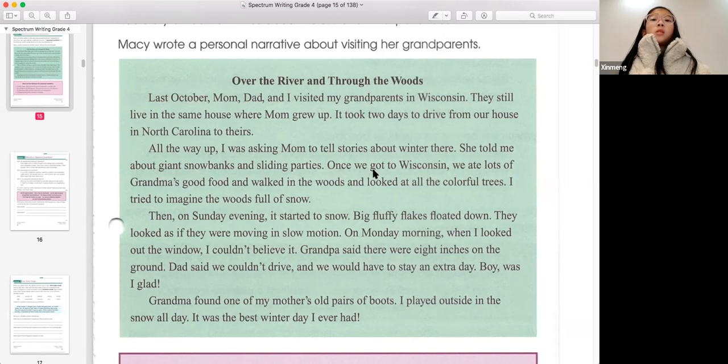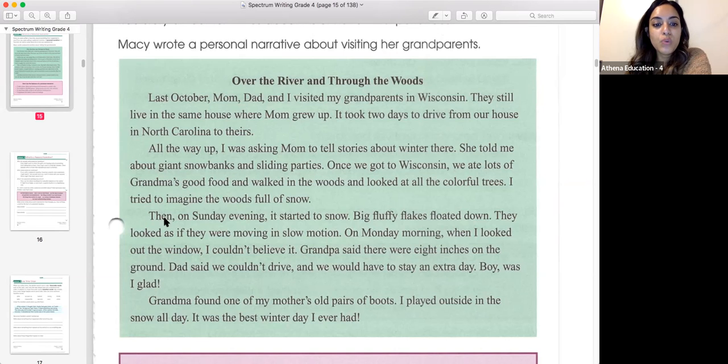Once we got to Wisconsin, we ate lots of Grandma's good food and walked in the woods and looked at all the colorful trees. I tried to imagine the woods full of snow. Yeah, good job. Good reading.